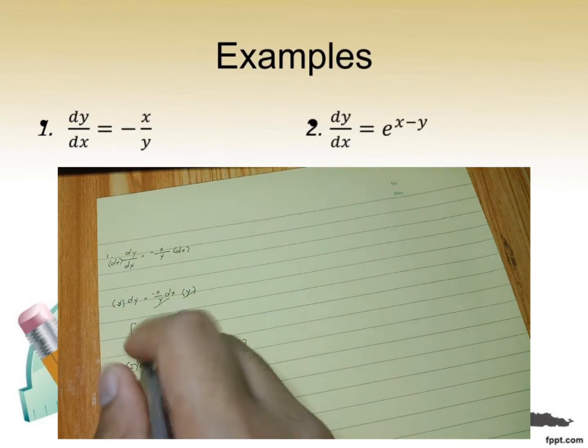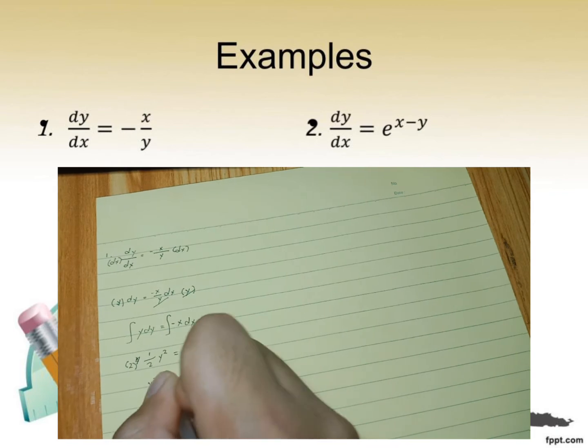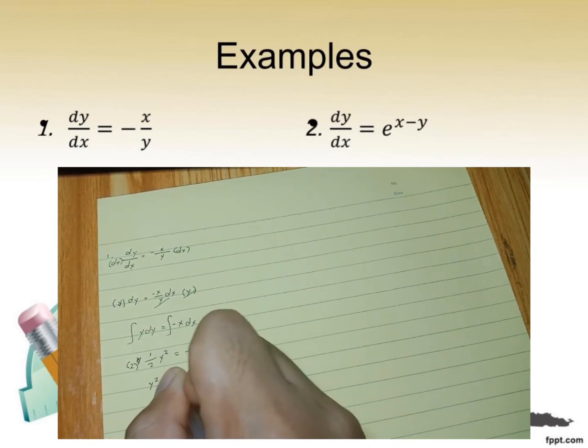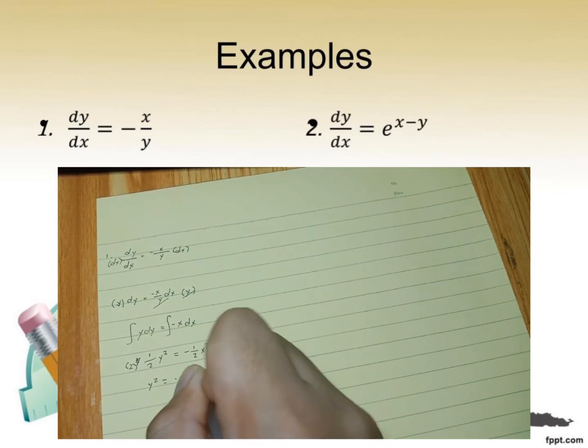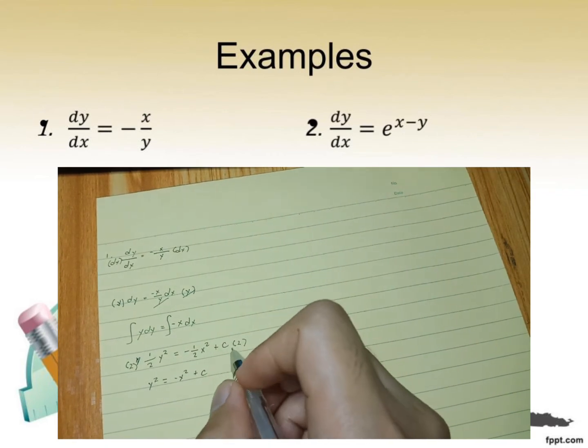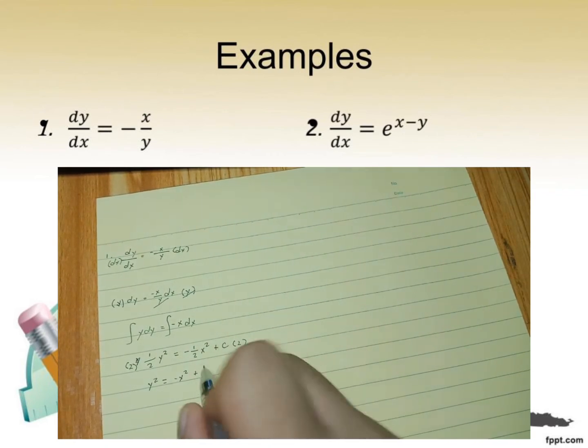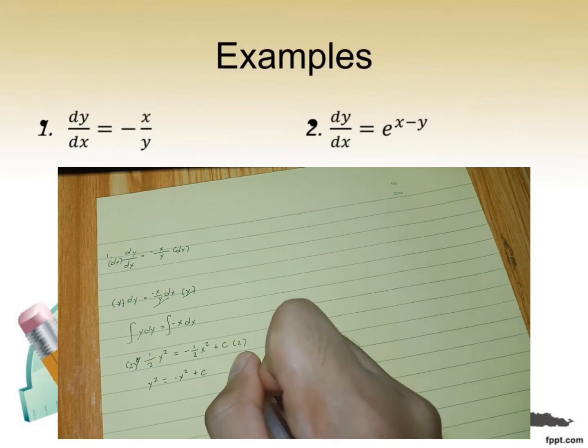That will give us y squared equals negative x squared plus c. And this gives us the general solution.